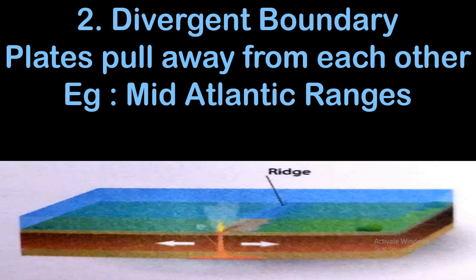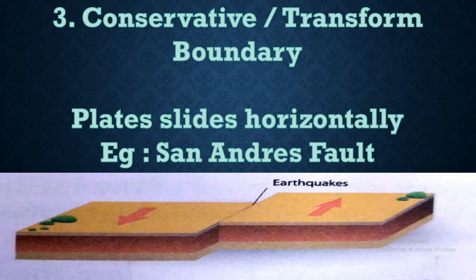The example here is the Mid-Atlantic Ridge. The third one is the conservative or transform boundary. This boundary slides horizontally. That's how the San Andreas Fault has been formed.